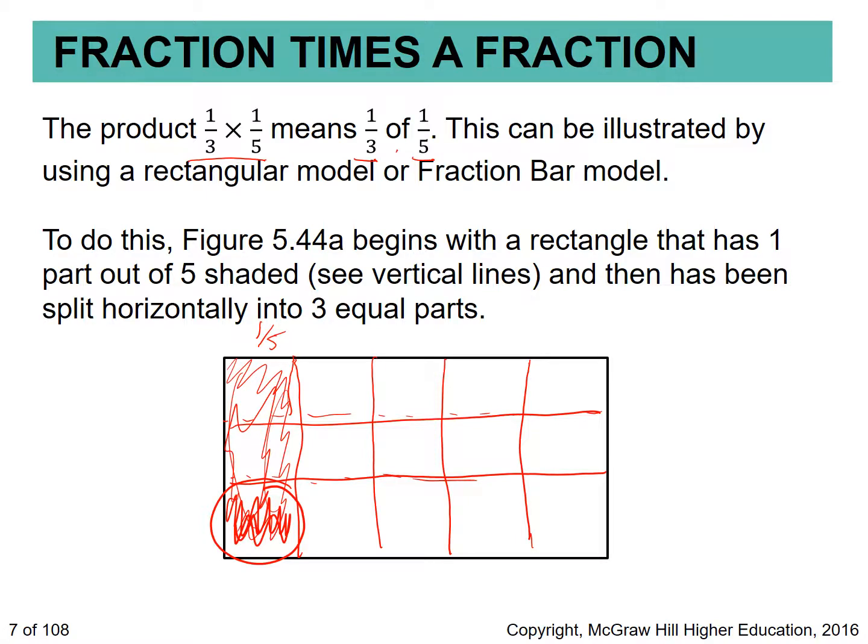Well, how many pieces are there altogether now that I've divided it up? There are 15 pieces, 5 times 3. And when I shaded this region, I only shaded 1 out of the 15 regions. So I can say that 1/3 times 1/5 is 1/15.